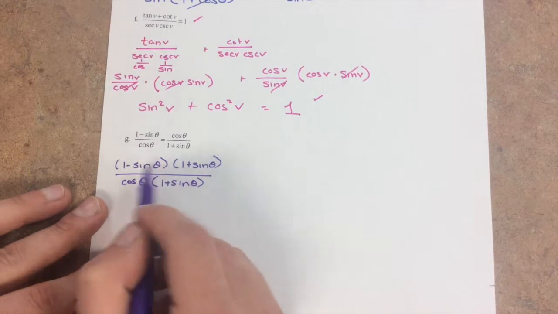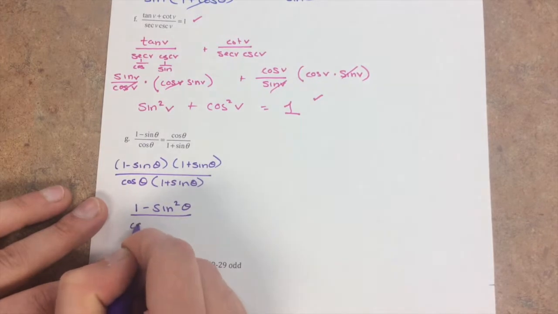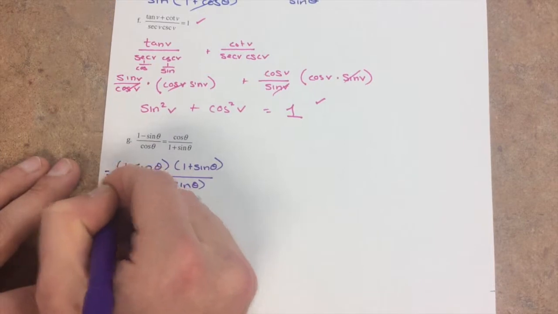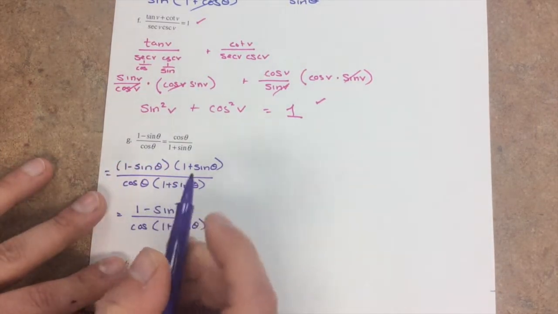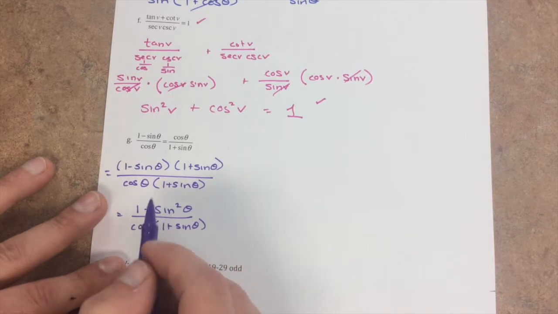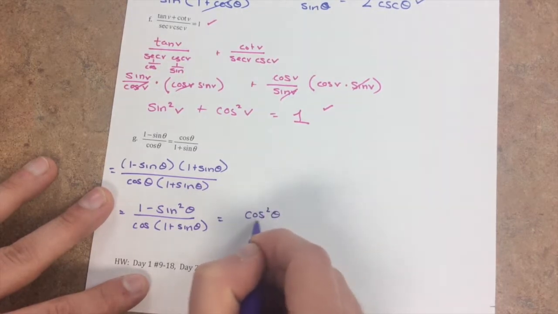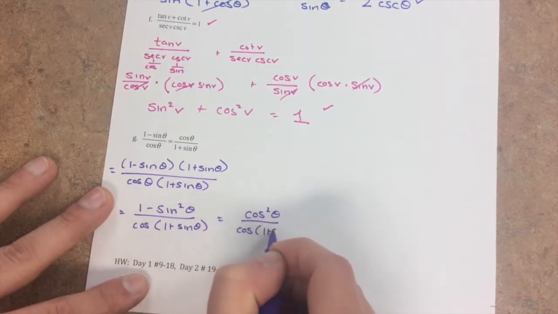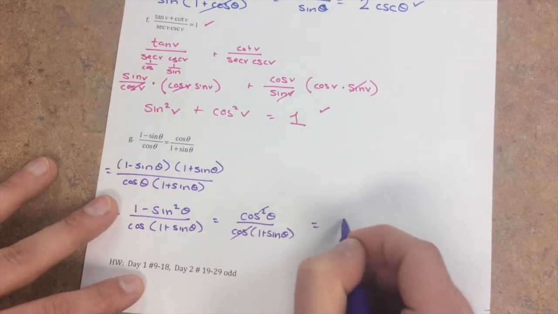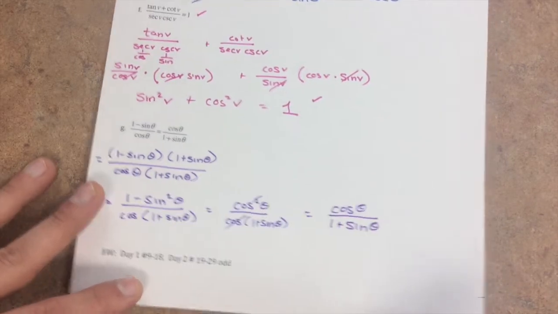Well, this foils into, this is the difference of two squares, so that's 1 minus sine squared theta all over cosine 1 plus sine theta. If we look at our trig identities, this is close to sine squared plus cosine squared equals 1. So this is 1 minus sine squared. So this is just cosine squared theta over cosine 1 plus sine theta. And last bit, these cosines cancel, so we're just left with cosine theta over 1 plus sine theta.